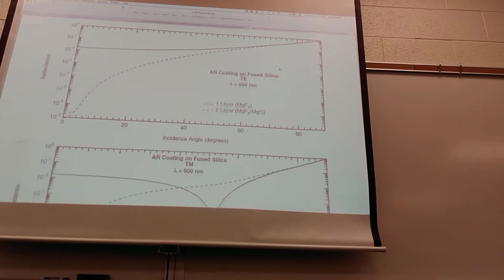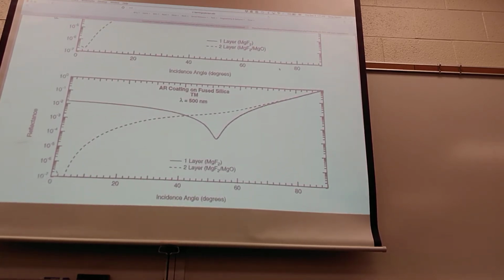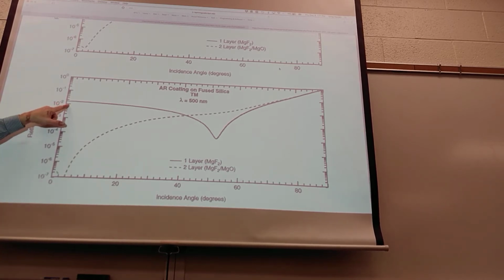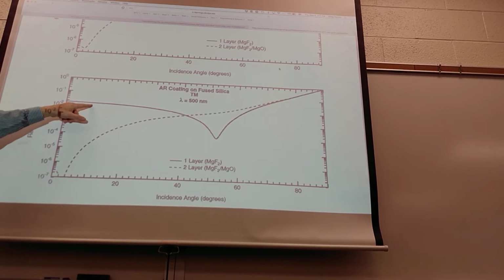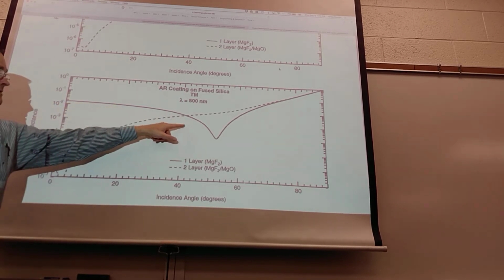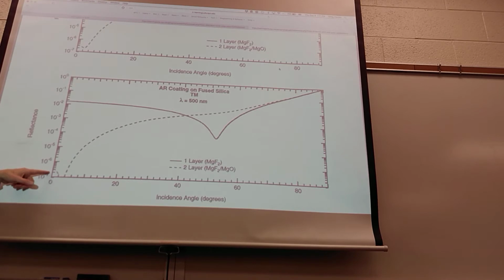Okay, so then we go to TM, and similar sort of thing, except for the single layer case, as we go off normal incidence, we actually get better. Because we're going to hit the Brewster angle, and then after the Brewster angle it comes up as usual. For the two-layer case, at normal incidence we do awesome.